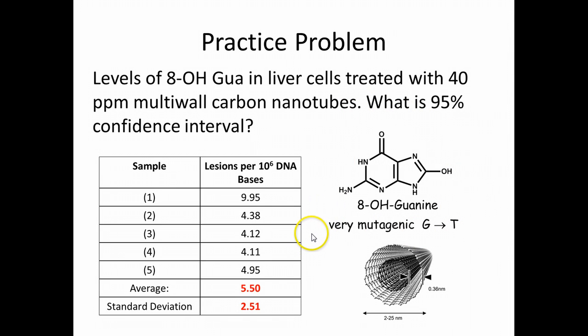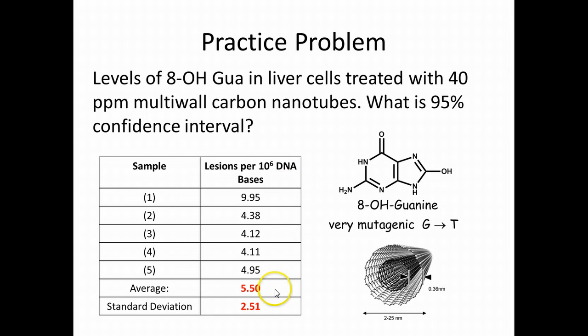This is basically an oxidized base of a nucleic acid that forms as a result of exposure to toxins, and it can be mutagenic, causing DNA damage and other things like that. So here are 5 samples I got from one of my sets of experiments.